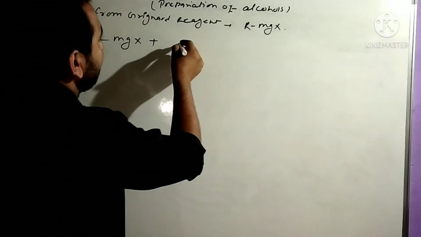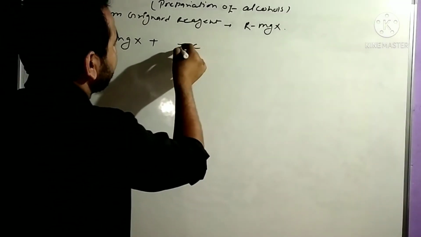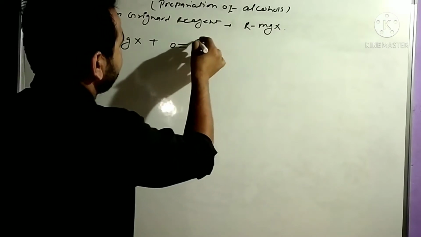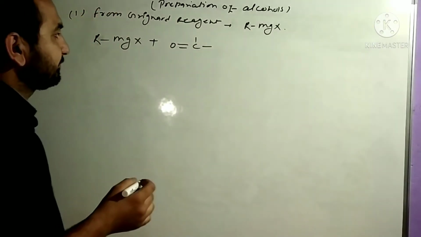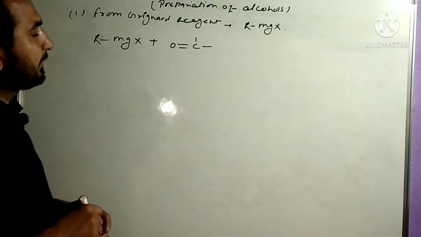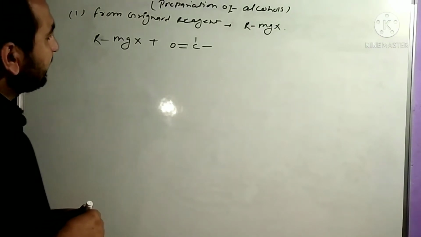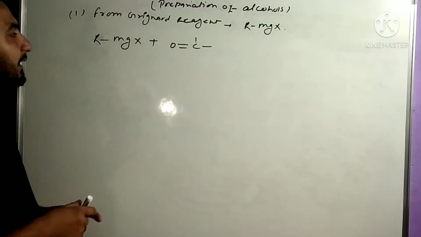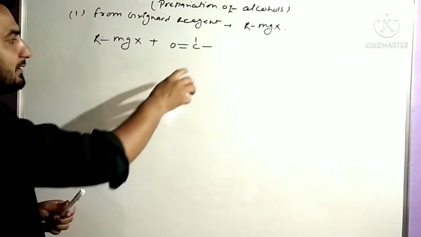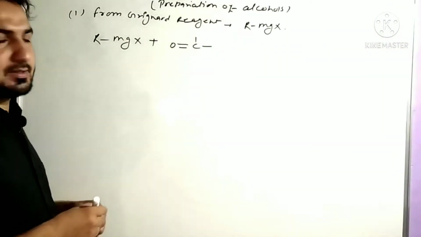Clear? So see here, this R has the negative charge and this C has the positive charge.